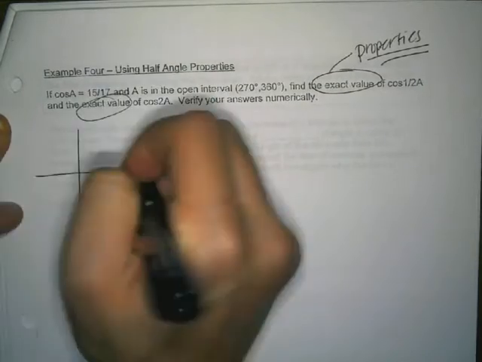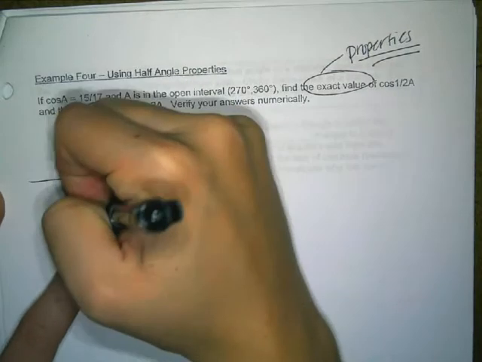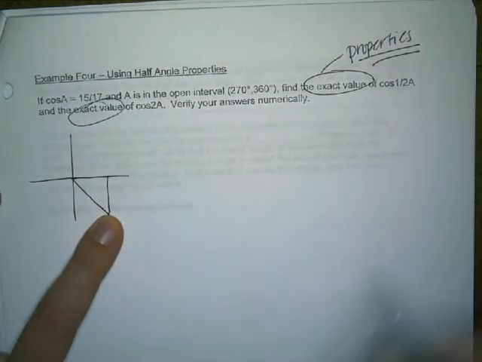First thing we're going to actually do is draw my picture here. In terms of a reference triangle, cosine is adjacent over hypotenuse, right? But in terms of the quadrant, cosine is always related to your u over r. If we were given sine of A, sine would be v over r. So that makes a difference here because when we draw my reference triangle, first of all, it has to be in the 4th quadrant because of this open interval situation.